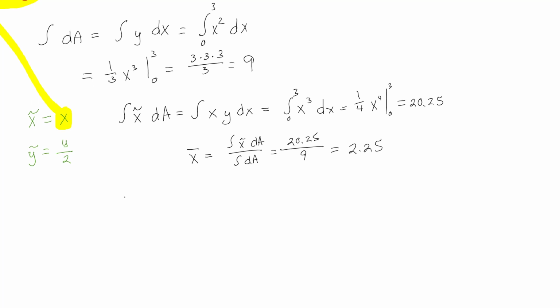And then to do the y one, I would just need to do y tilde dA. Again, y tilde is given by y over 2, and dA is given by y dx.